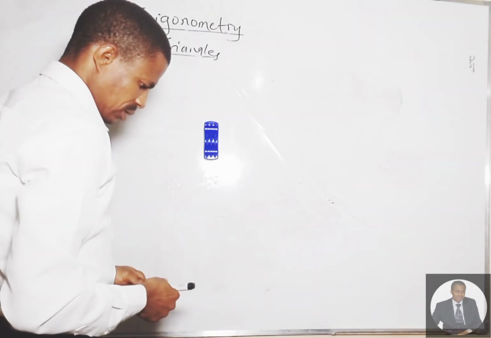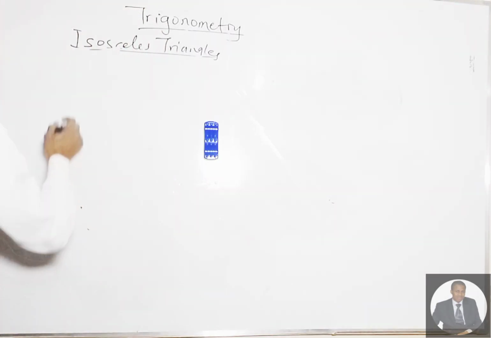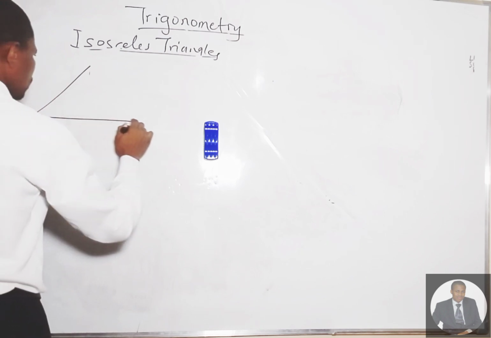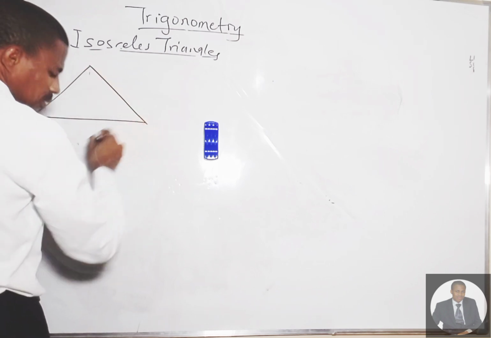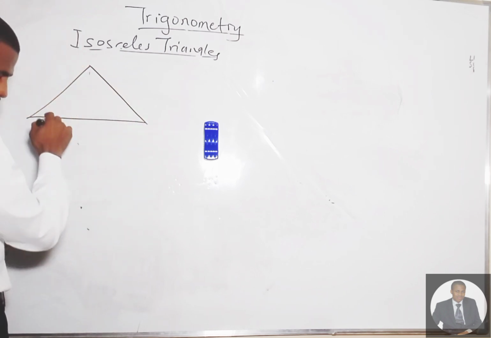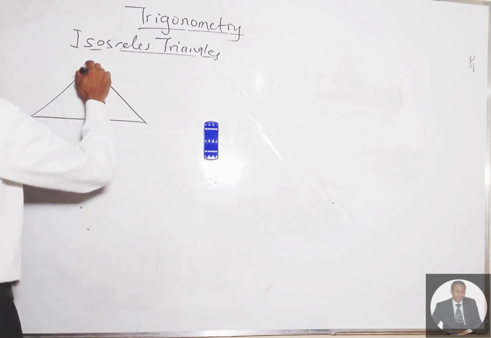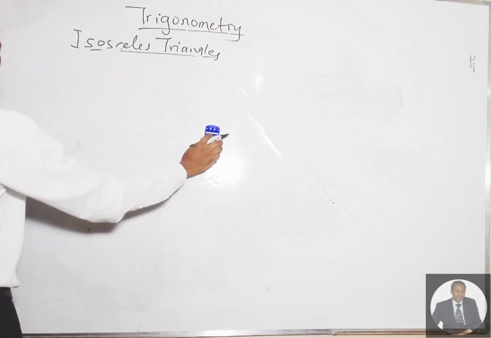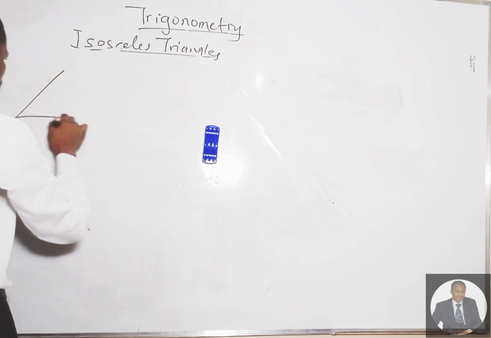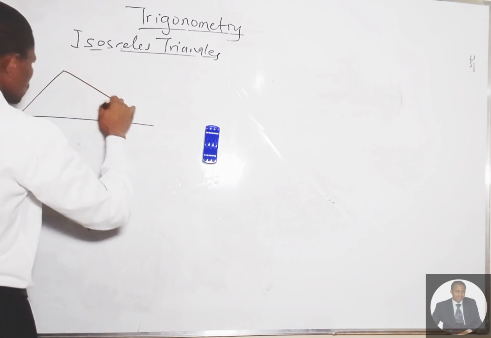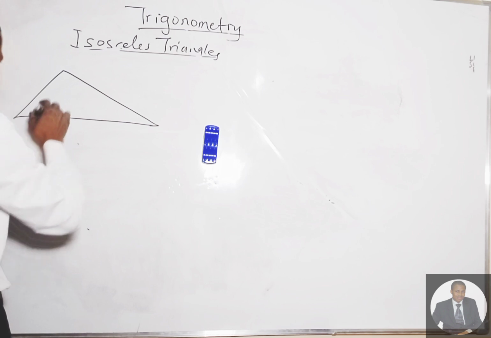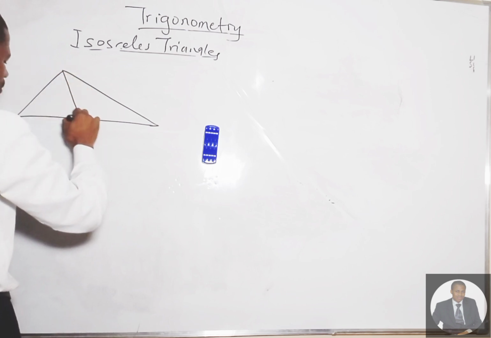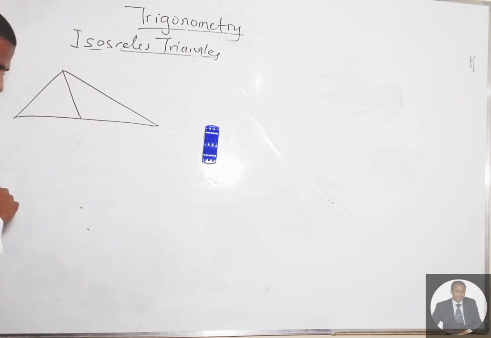What are we looking at here? This triangle divided into, or something like this.